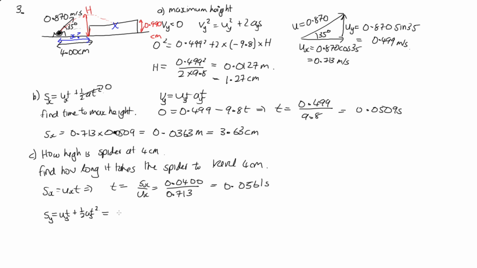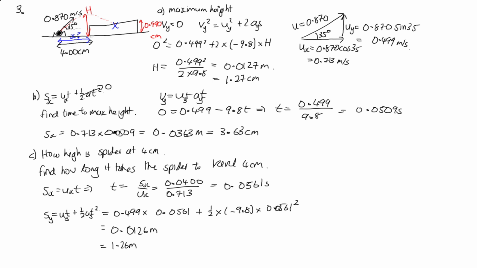So this is equal to 0.499 times the 0.0561 plus a half times minus 9.8, because that's downwards, times t squared, which is 0.0561 squared. And so that is equal to 0.0126 meters, which if we times by 100, we get 1.26 centimeters.